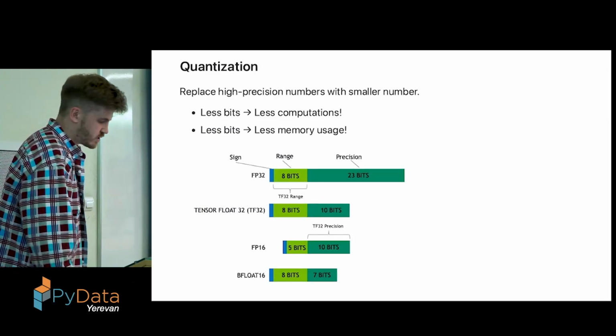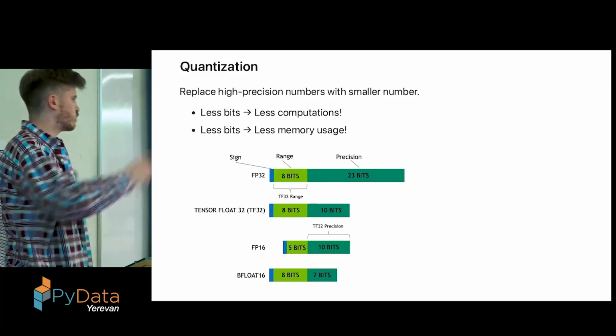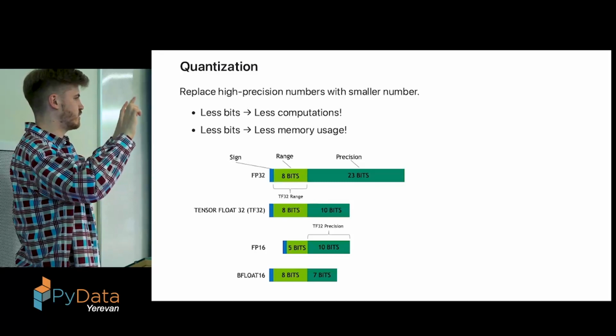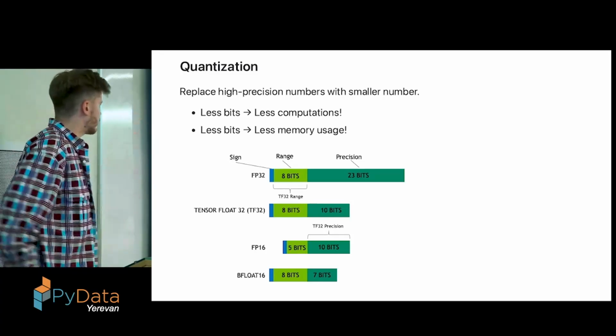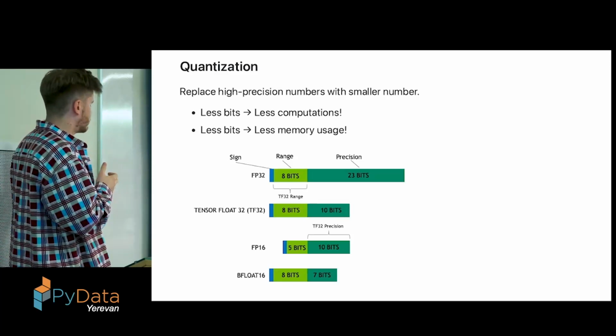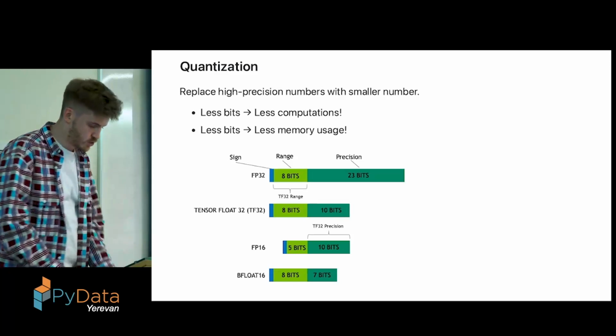So, what is quantization? It's easy to think of it as rounding: you have a floating point number and you just round it. You will have fewer bits to use, which produces less computation and less memory usage.